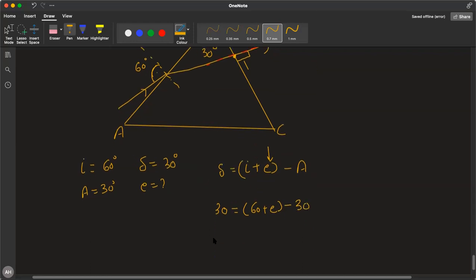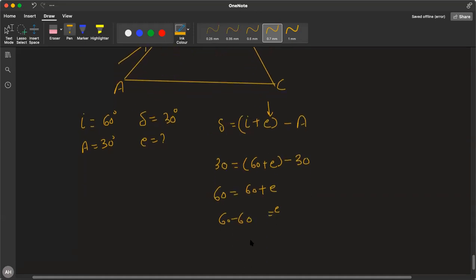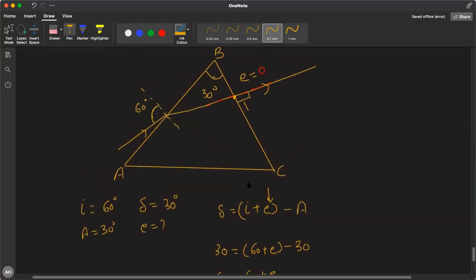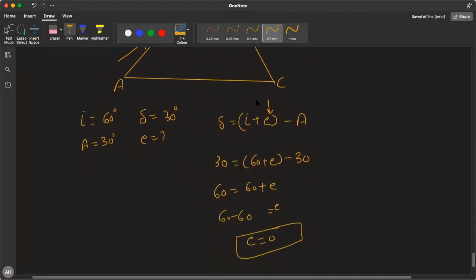If you take this 30 to the left hand side, you have 60 is equal to 60 plus E. E is 60 minus 60, so E will be 0. Angle of emergence is 0. That means the ray is perpendicular. This is what you were supposed to prove in the first part.